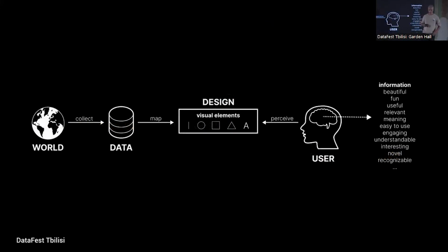Now, I'm currently developing my own course on creative data visualization design, and while doing this, I had to come up with some kind of overarching framework, so that when you do this course, you have a sense of where this belongs in the bigger picture.